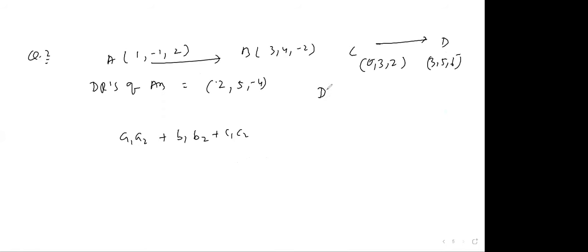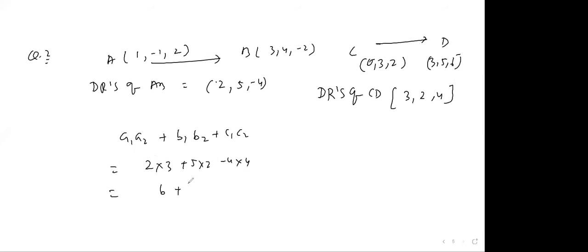So DRs of CD will be 3 minus 0, 5 minus 3, and 6 minus 2, that is 3, 2, 4. Okay, A1 A2 plus B1 B2 plus C1 C2 will be 2 times 3 plus 5 times 2 minus 4 times 4.